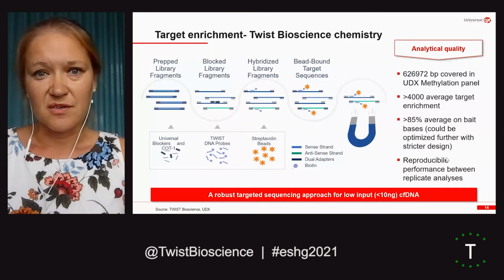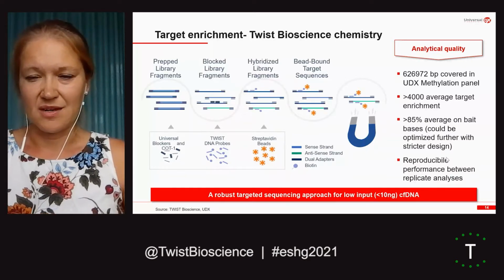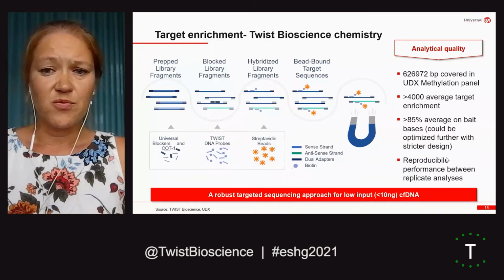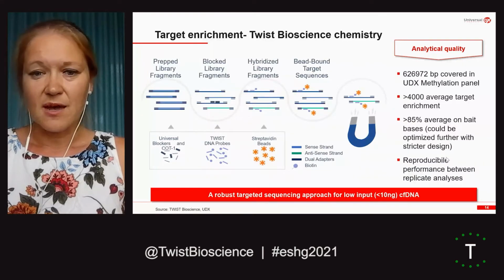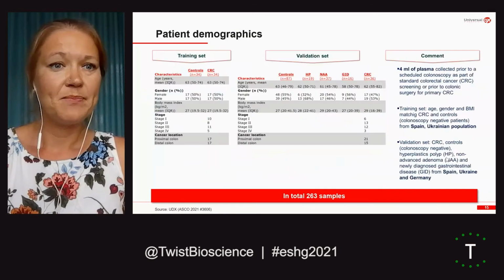So it's a very specific, very accurate way of capturing the targets and enriching for it. And the performance is reproducible using only 10 nanograms or even less of cell-free DNA.